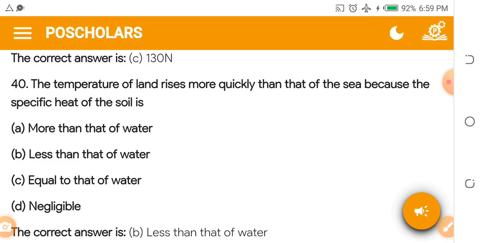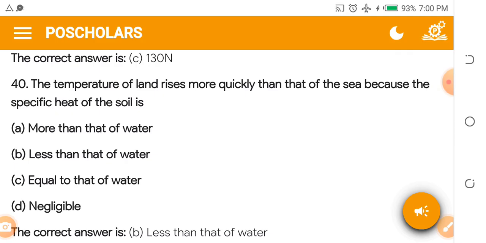Okay. The temperature of land rises more quickly than that of the sea because of the specific heat of the soil. Let me take the question again. The temperature of land rises more quickly than that of the sea because the specific heat of the soil is dash. A. More than that of water.